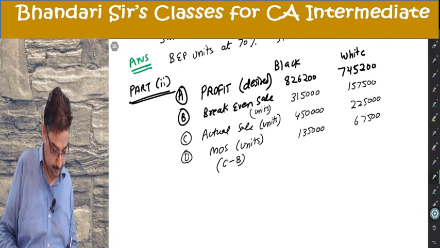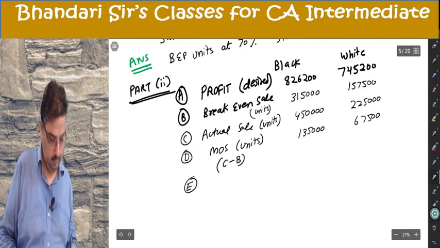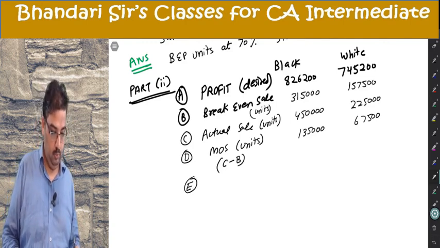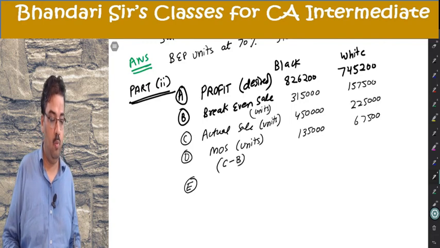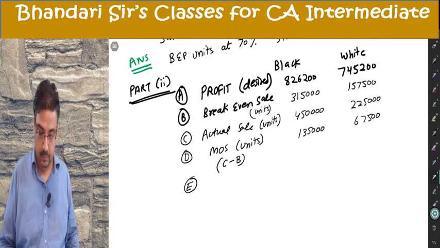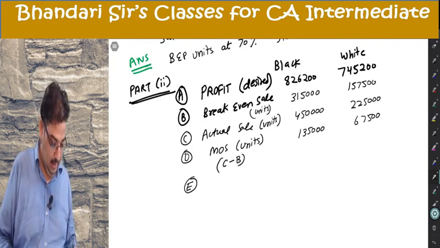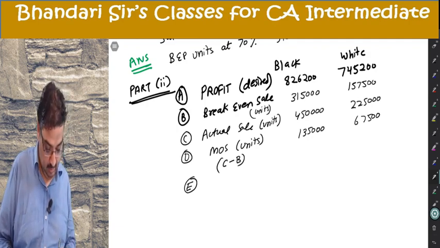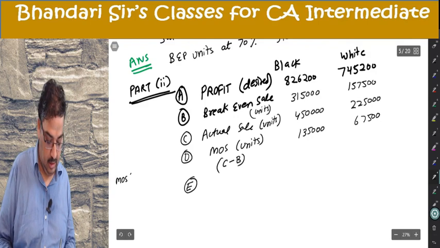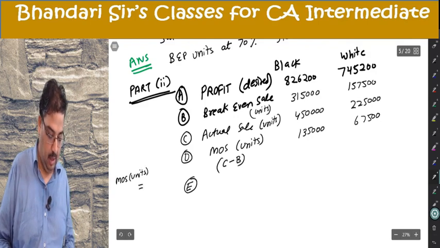E point. Now, what I can do further, I can apply the formula of MOS. MOS in units, one of the formulas is profit divided by contribution per unit.